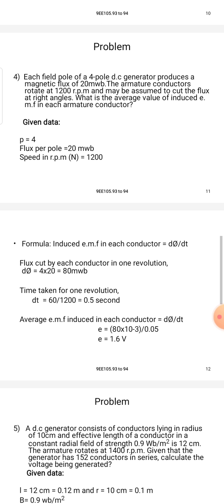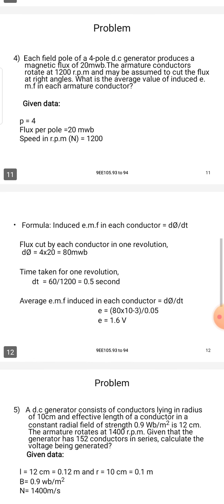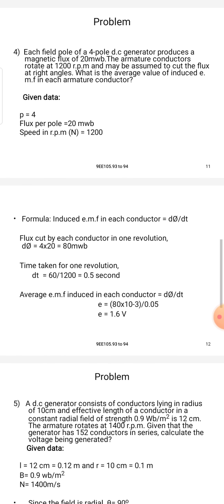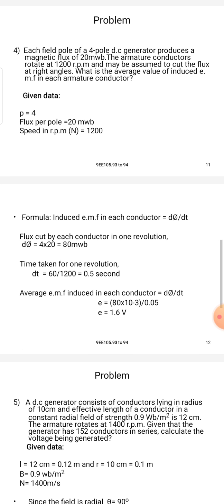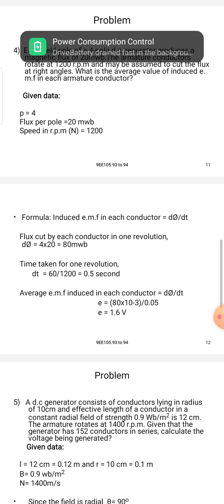Flux per pole is 20 milliwebers. Armature speed N is 1200.